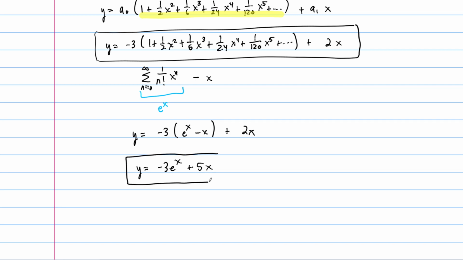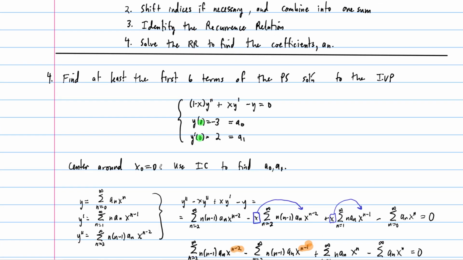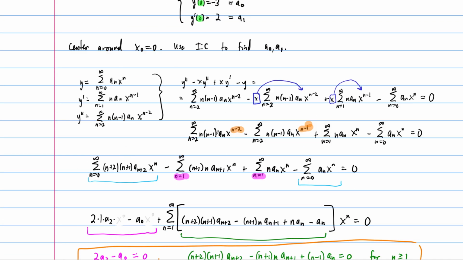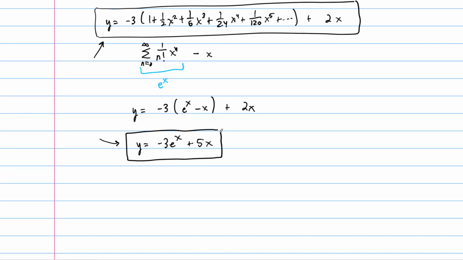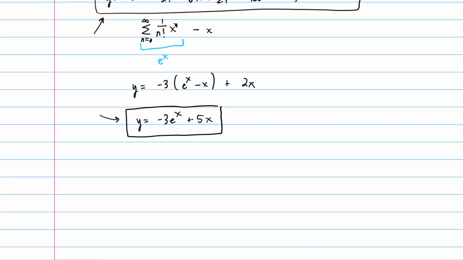And so based on this power series method, here's the first 6 terms of the power series solution, but here is another way to represent this function. So you can check that and go back and verify that that function indeed solves the differential equation, and that the initial values are satisfied as well. Okay, so there's an example of how you can solve an initial value problem using the power series method.